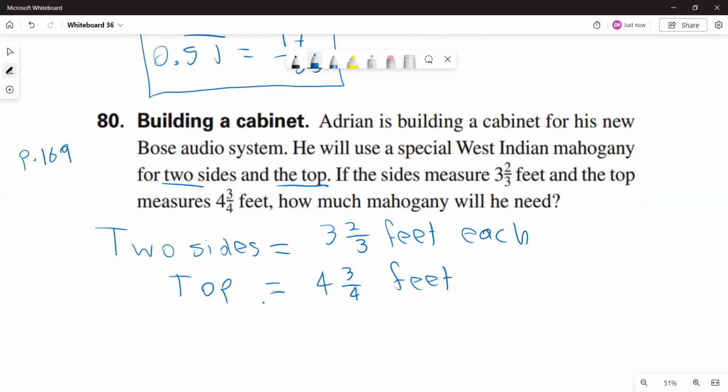So how much mahogany will he need? We need to add 3 2/3. We had 2 of those, so that's 3 2/3 plus 3 2/3 plus 4 3/4.